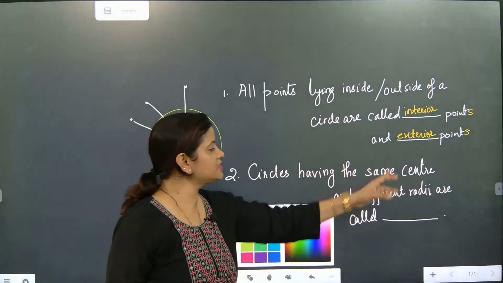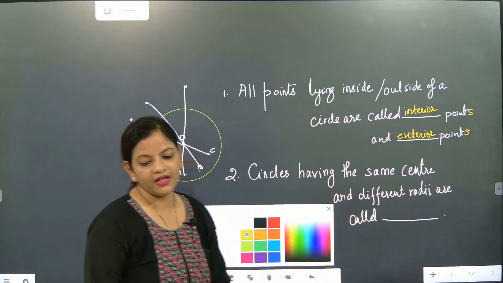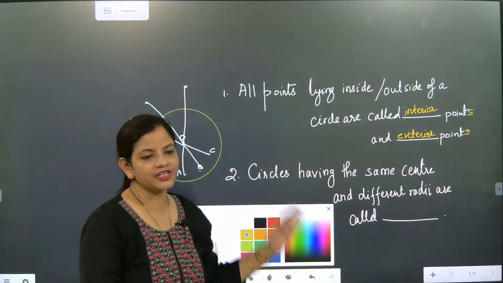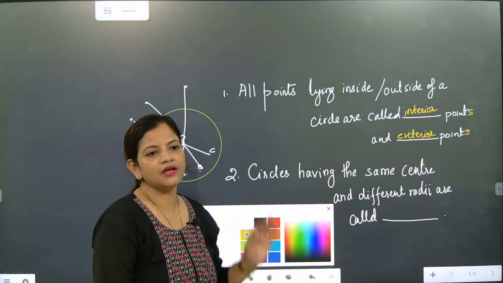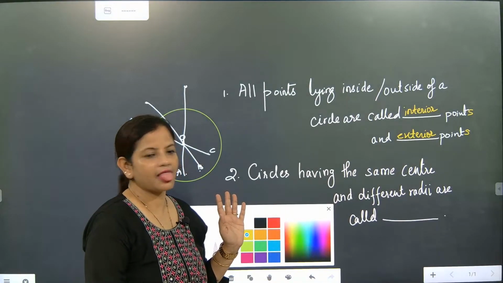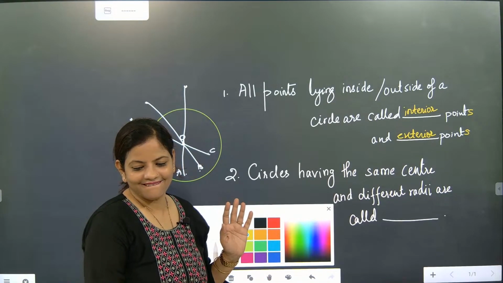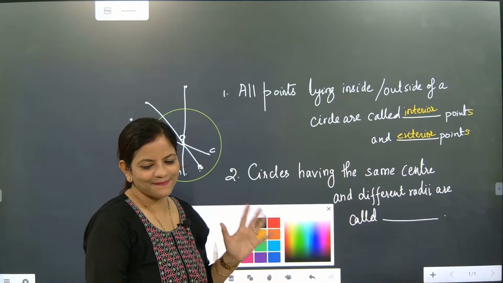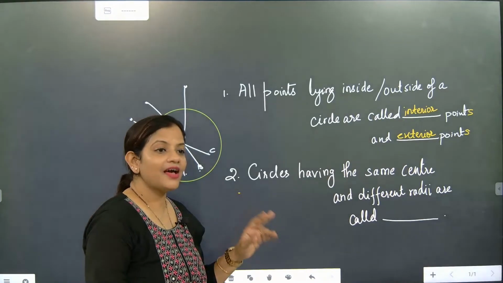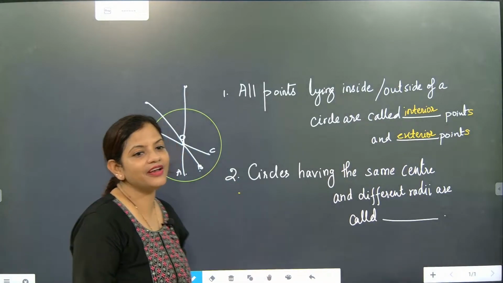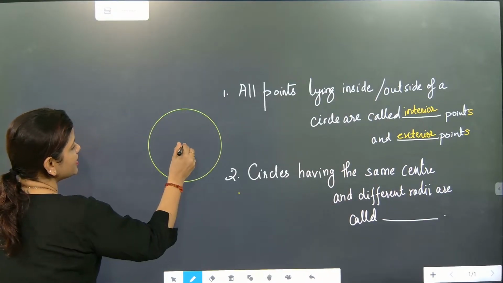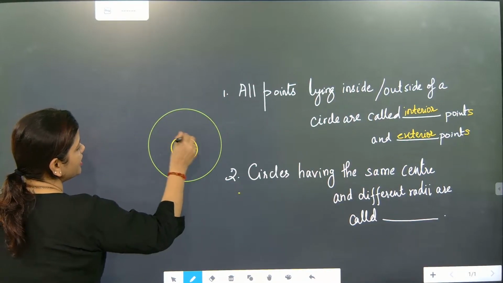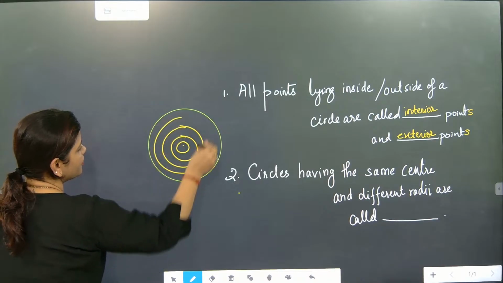Circles having the same center and different radii. Just a few minutes ago when you came, I was explaining that. They got a special name. So here all the radii are different now, beta.